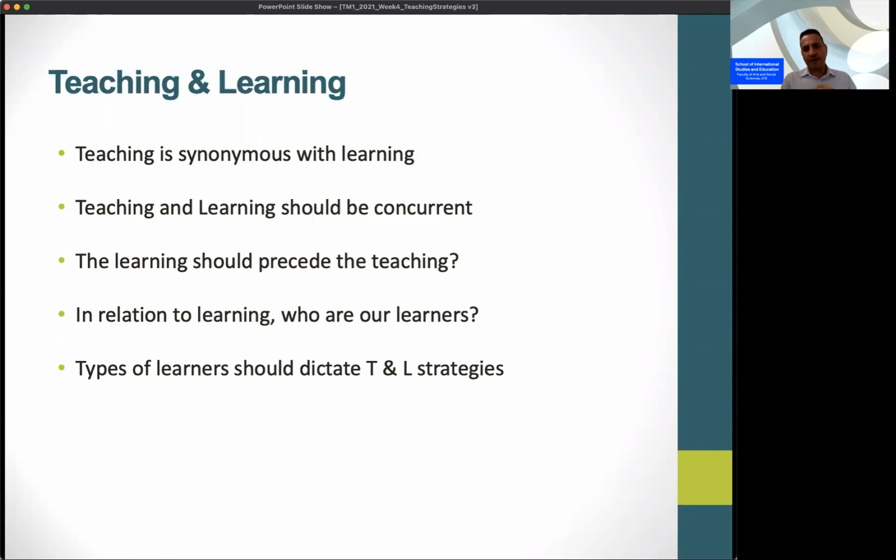How can we get to know our learners? And once we know more about them, that will actually go a long way to dictating our teaching and learning strategies that will ultimately be the most efficient and the most effective in terms of what we're trying to achieve in the classroom environment.